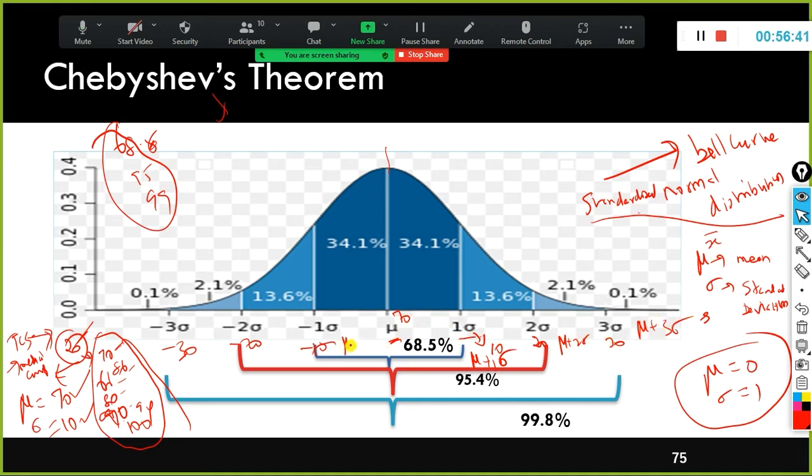Here mu minus 1 sigma, mu minus 2 sigma, mu minus 3 sigma.